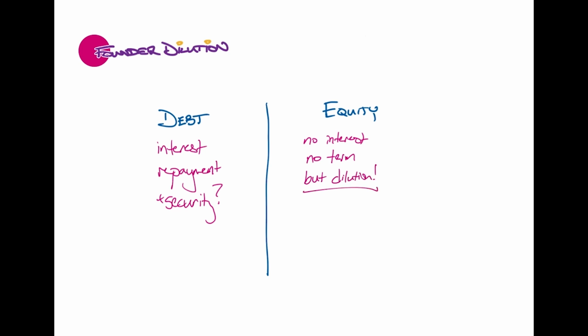So let's take a look at a quick example. Let's say that we have 2 companies, Exempli and Illustrio, and both have issued 2 million shares, which are 100% owned by the 2 founders. So let's say that both companies want to raise $100,000.